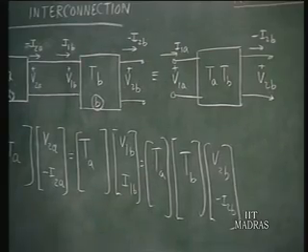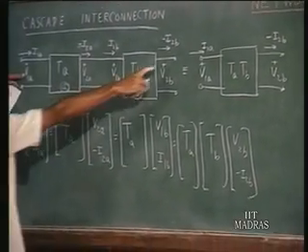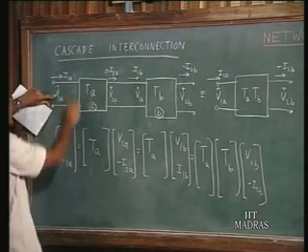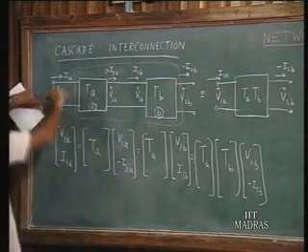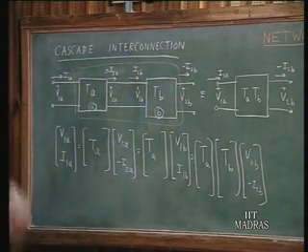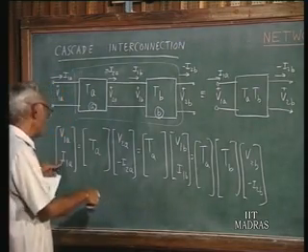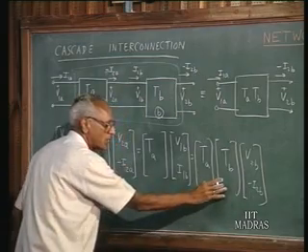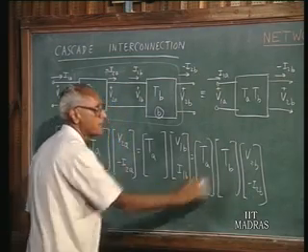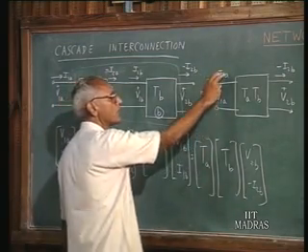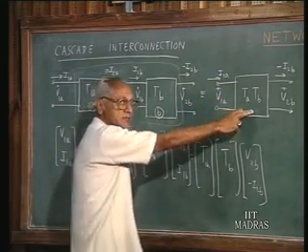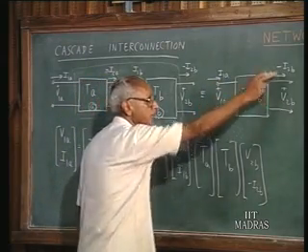That means the input quantities here will be related to the output quantities in the overall 2-port network. Suppose you consider the cascade as an overall 2-port, then the relation between the input quantities and the output quantities is the product of the two chain matrices TA and TB.